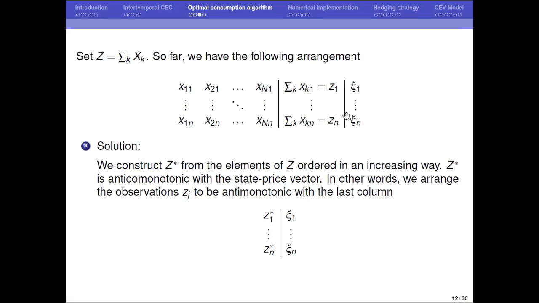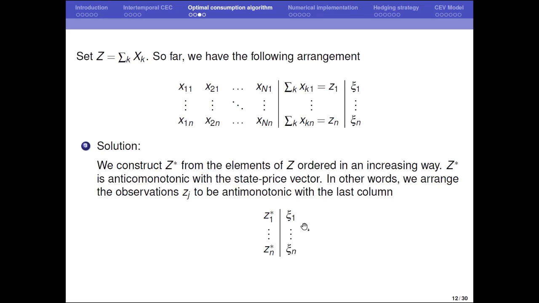So this represents the sum in each state of the market, and from each state I have the price kernel. So from here I construct the set star, with the elements of the set ordered in an increasing or decreasing way, but I have to choose a way that is antimonotonic with the state price kernel, so I achieve the minimum cost.